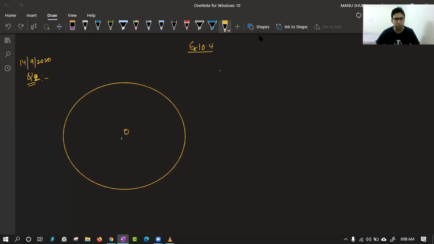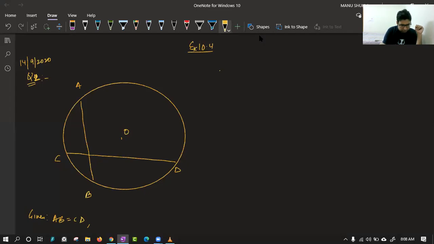It will be easy for you to understand them. Like this, we have two chords AB and CD which are equal. So I'm writing the given part here. Given to us is a circle with center O, two chords AB and CD such that AB equal to CD.